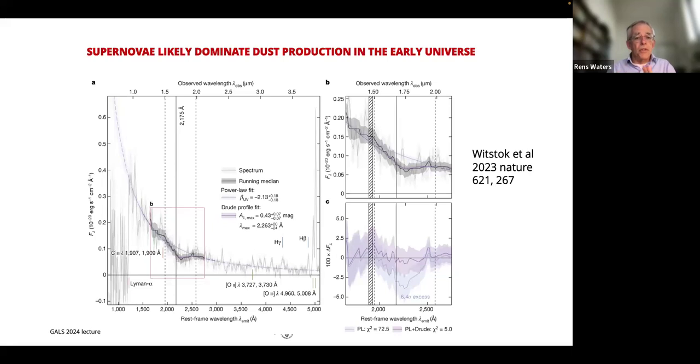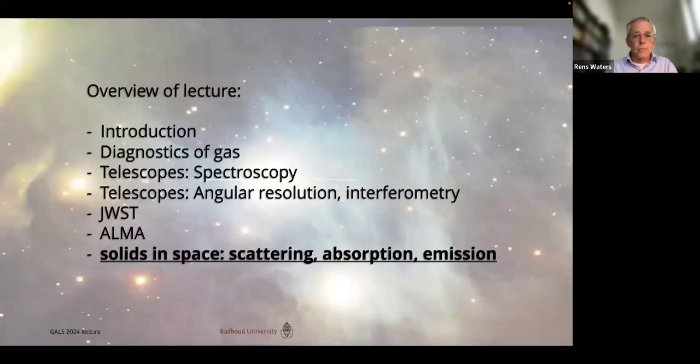So I think this observation tells us that certainly in the early universe, at very high redshift, simply because of the lifetime of AGB stars being too long, the dust production at those epochs must have been dominated by supernovae. That tells us that supernovae are an important source of dust, at least in parts of the history of dust production in the universe.